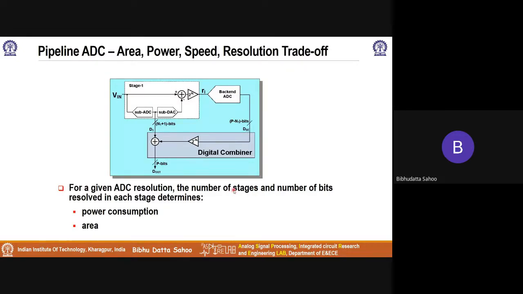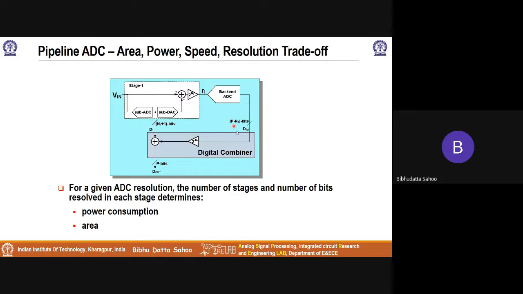Somebody asked, can you repeat the optimization? So what I'm saying is, let's say P equal to 10 bits. I want to design a 10-bit pipeline ADC, that is for sure. Now, I can achieve 10 bits by choosing N1 equal to 1, P minus N1 as 9, or N1 equal to 2 and the back-end ADC as 8.